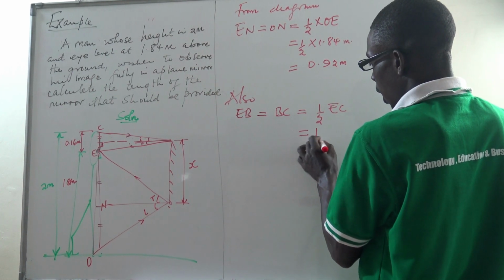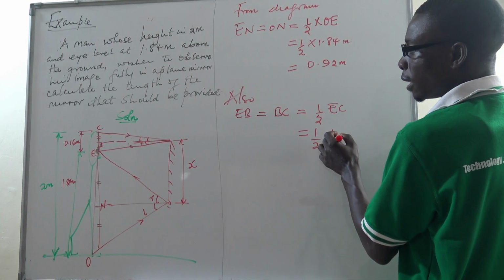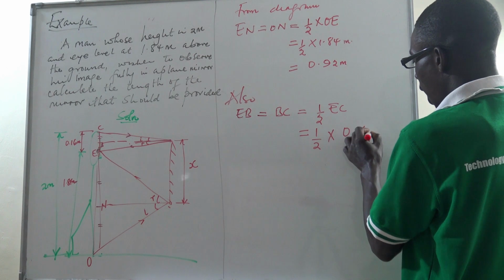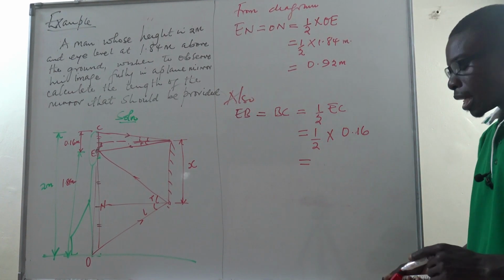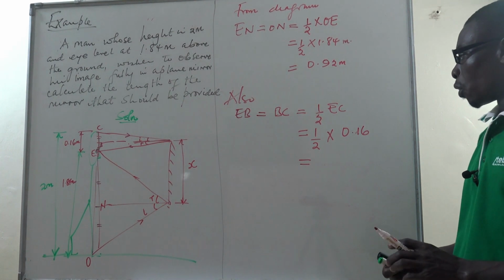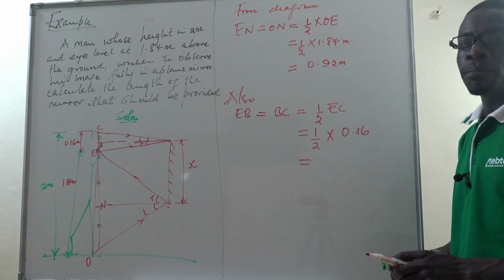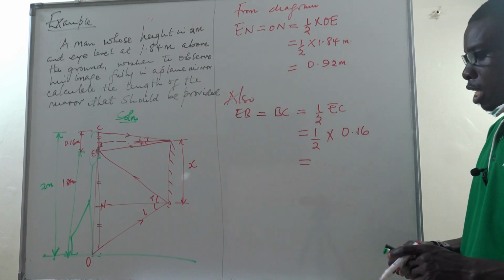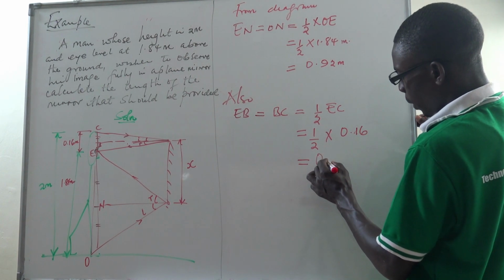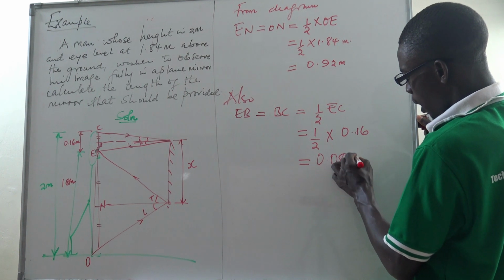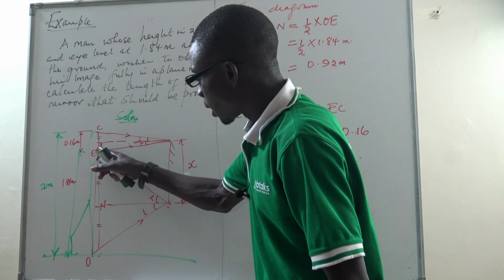And that will be a half of, what is EC there? EC is 0.16. So I beg you pick your calculator there and say what is a half of 0.16, or 0.16 divided by 2. If you've pressed very well, then you're going to come out with 0.08 meters. Is that okay? So that is now this distance, that distance.